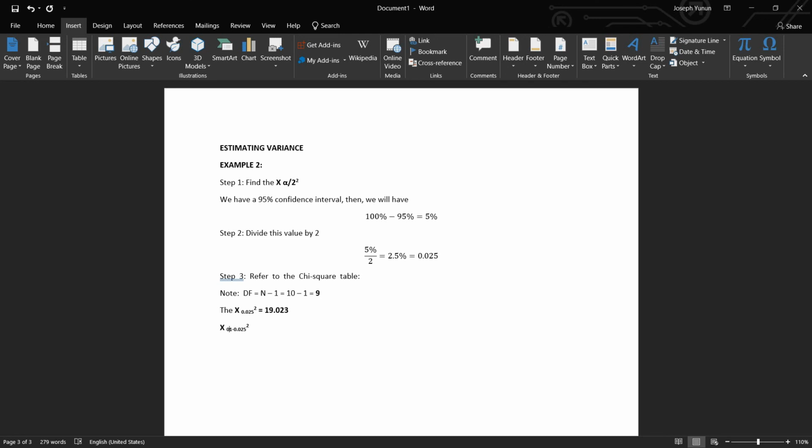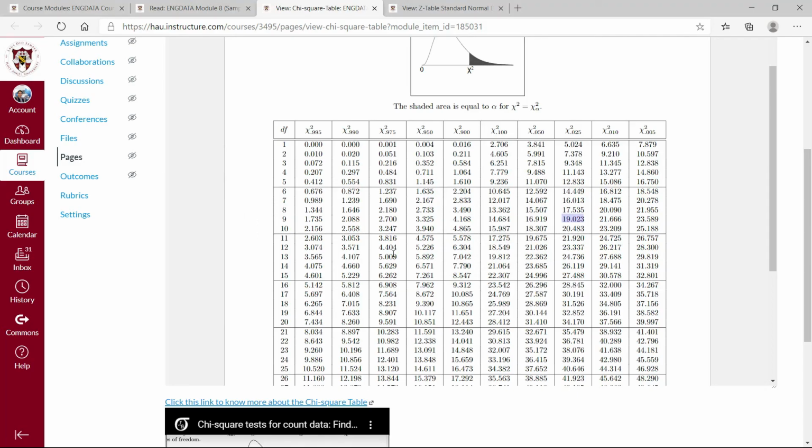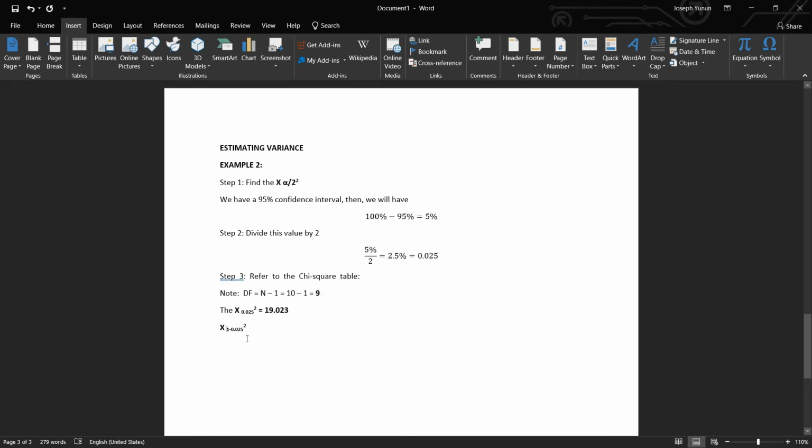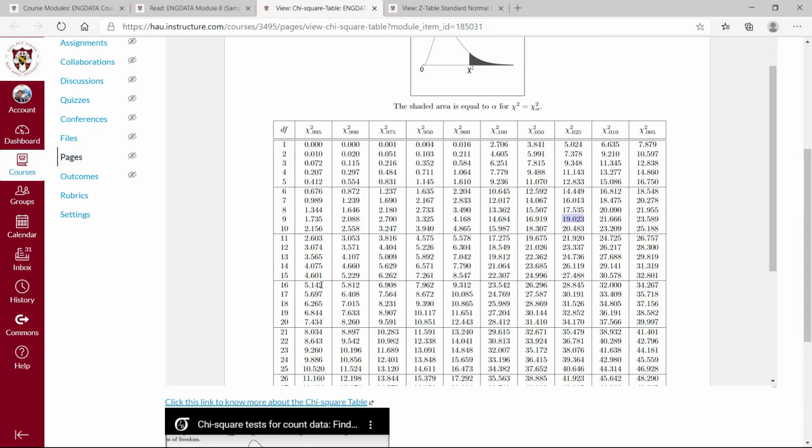So 1 minus 0.025 is 0.975. That is equivalent to 0.975.